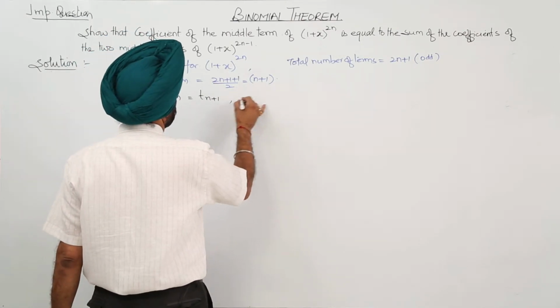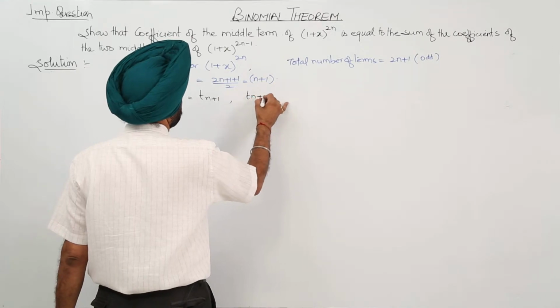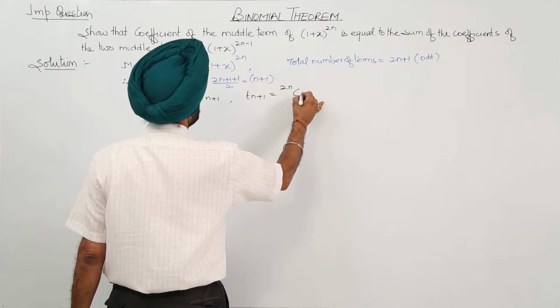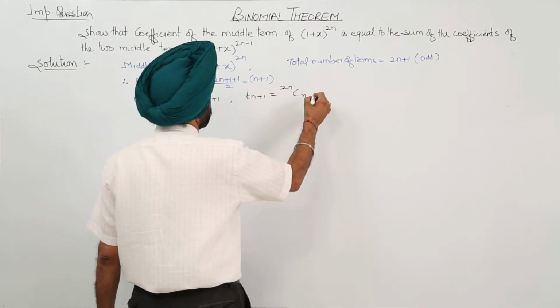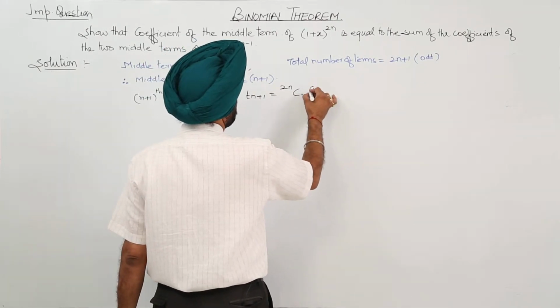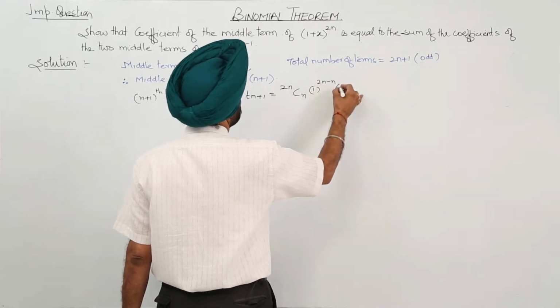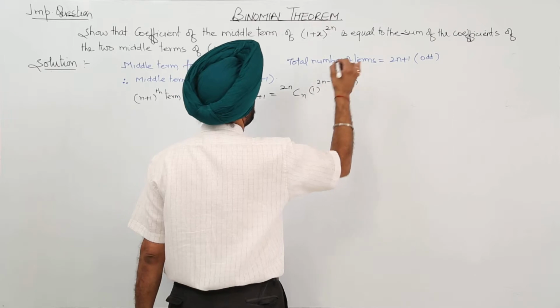Okay. So the (n + 1)th term is equal to T(n+1). Now T(n+1) is equal to 2nCn, then 1 raised to power 2n - n, with x raised to power n.